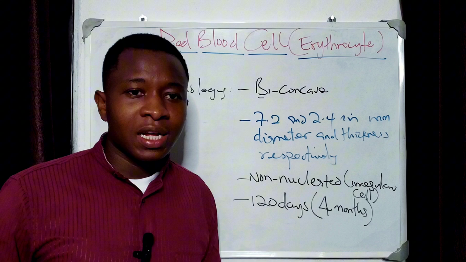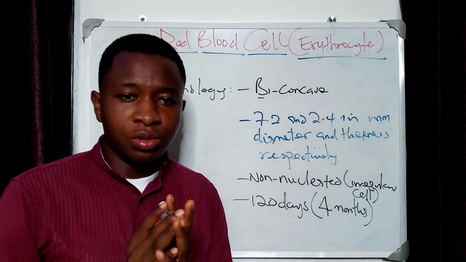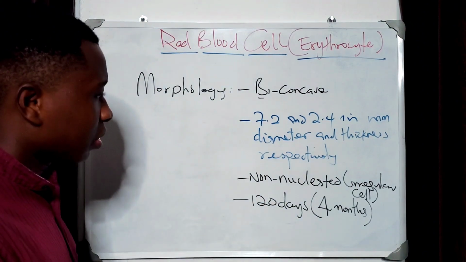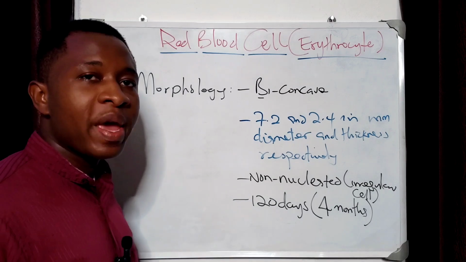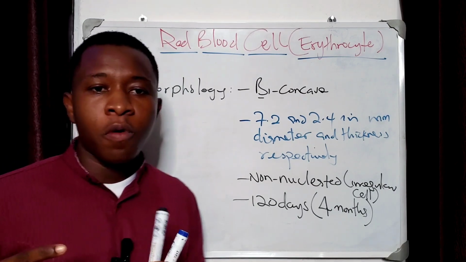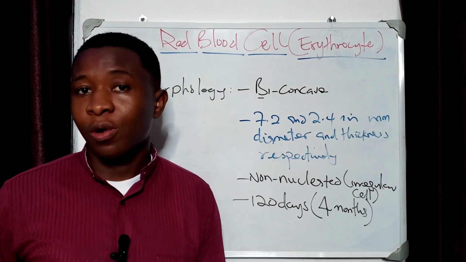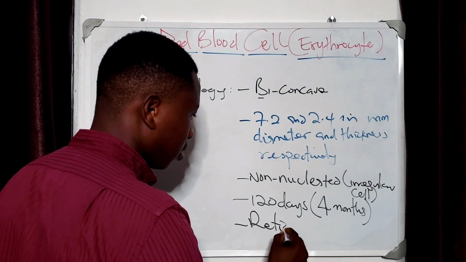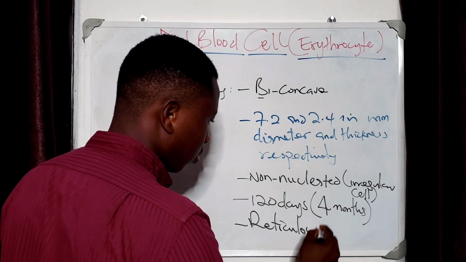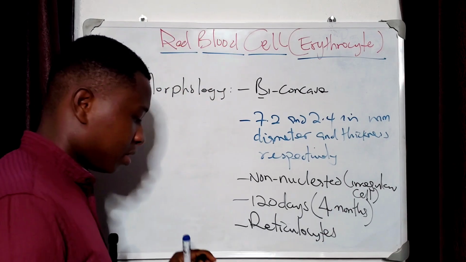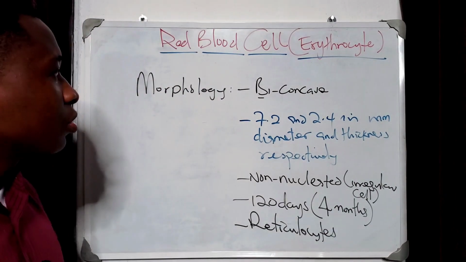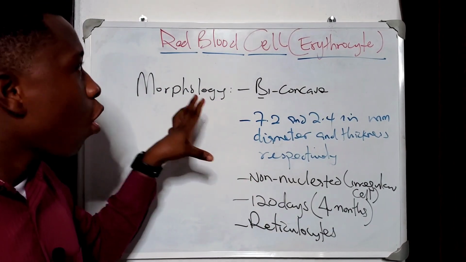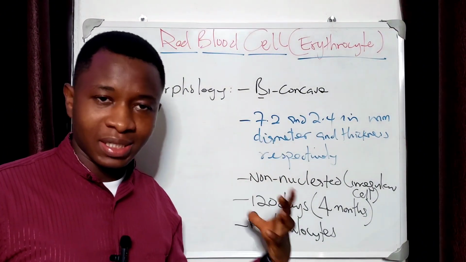Okay, so that is that. Now, the last thing you should know about the red blood cell is that it is actually made from a type of cell called the reticulocyte. Okay, so that is that about the morphology of the red blood cell.